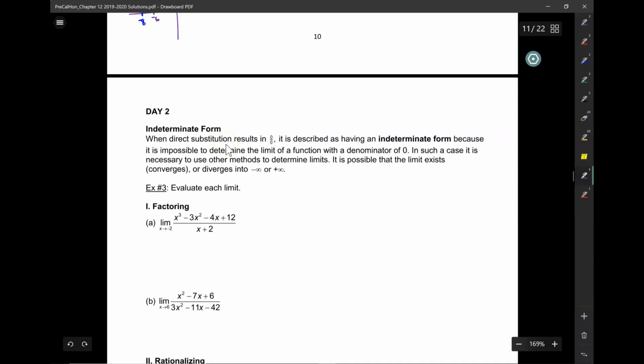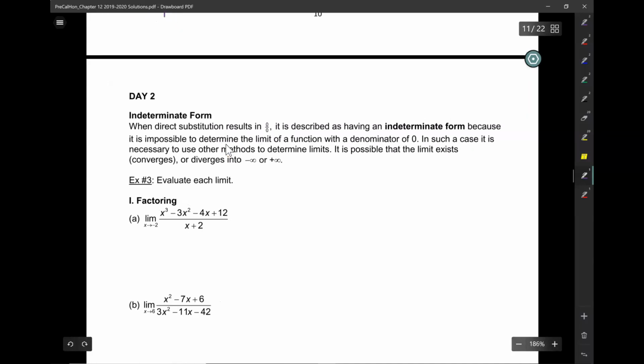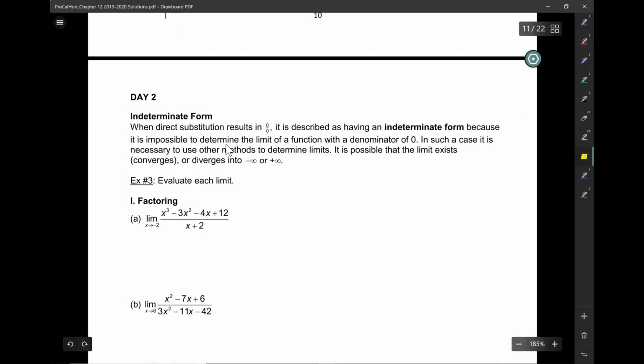Now there is actually a particular case called indeterminate form, and what that refers to is when you do direct substitution, you get 0 divided by 0. So you have a rational expression or a rational function.